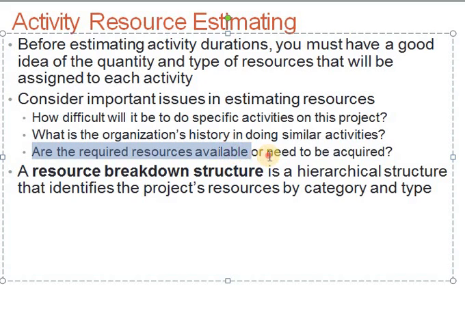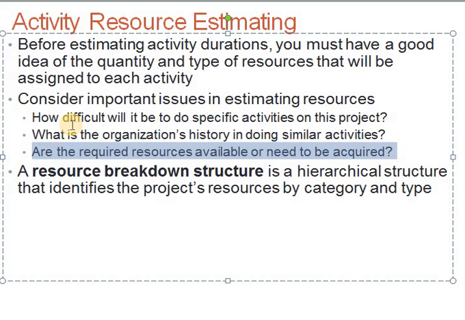Are the required resources available or need to be acquired? According to the identified resources, you have to make sure the resources are available or they need to be acquired. So this should be finalized in estimating resources.